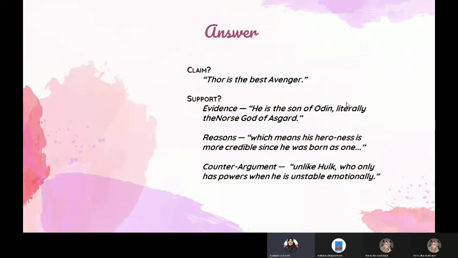The sentence is he is the son of Odin, literally the Norse god of Asgard. Point 2 is reason. The sentence is which means his hero-ness is more credible since he was born as one. The last point is counter-argument. The sentence is unlike Hulk, who only has power when he is unstable emotionally.